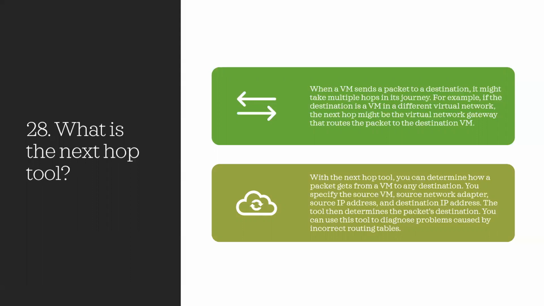When a virtual machine sends a packet to a destination, it might take multiple hops in its journey. For example, if the destination is a virtual machine in a different virtual network, the next hop might be the virtual network gateway that routes the packet to the destination virtual machine.